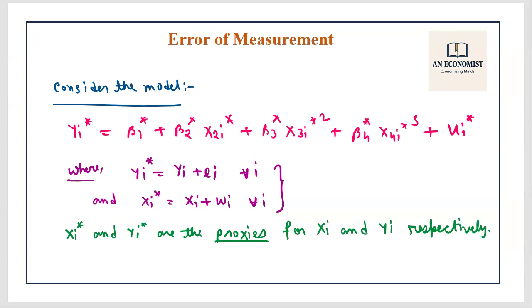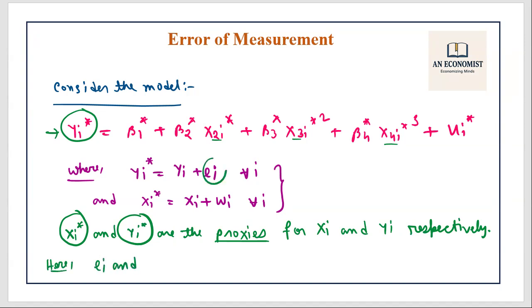So suppose we don't have the data about the original variables xi and yi. So what we do, we find out a proxy variable. We found out a proxy variable and we include that in our model and we work with this particular model. So here the outcome variable is also having an error of measurement, and the explanatory variables are also, the star represents the error of measurement. So star, here the ei and wi.